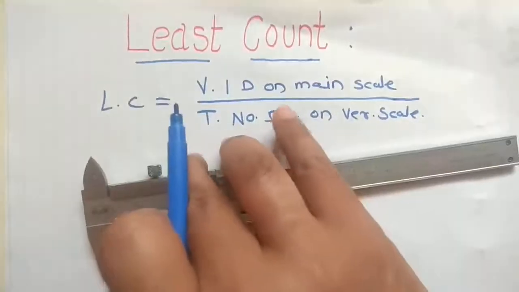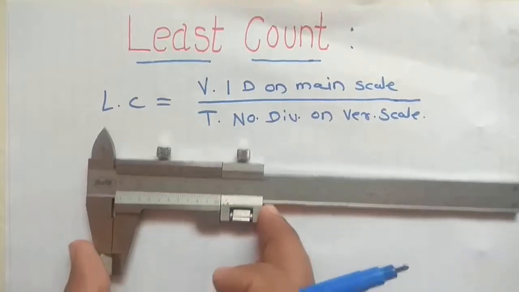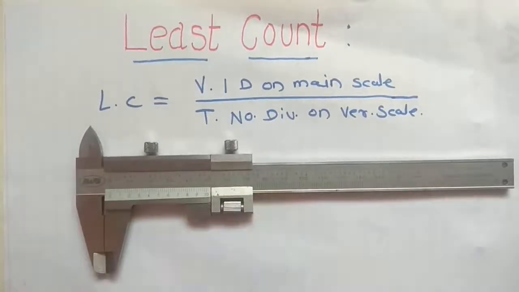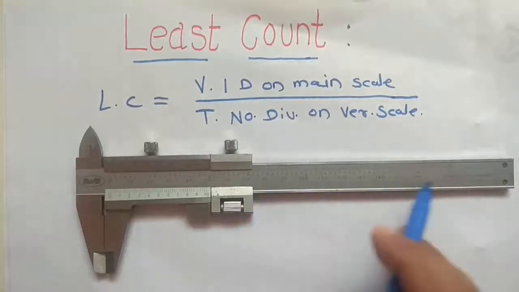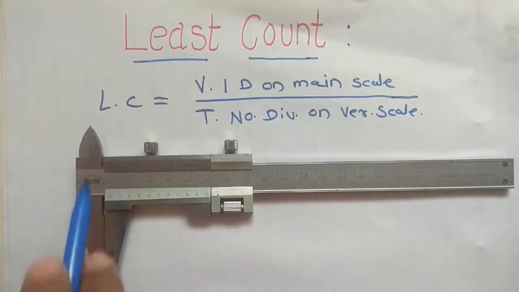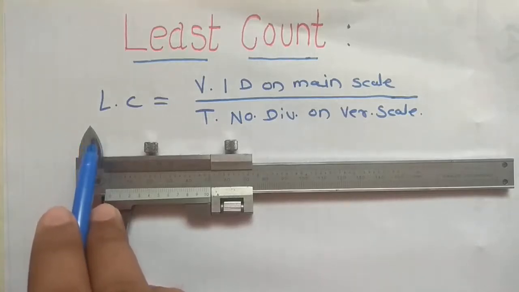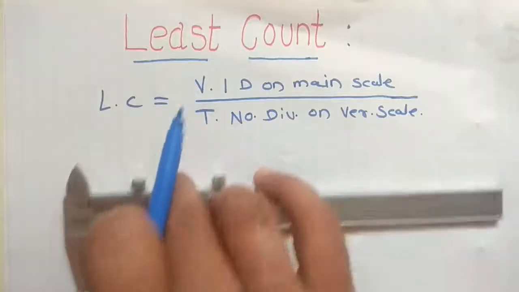Here we will take the example first of the vernier caliper. You know that this is the main scale and this one is the vernier scale. These two jaws are for external diameter and length measurement, and these jaws are used for internal dimension measurement.